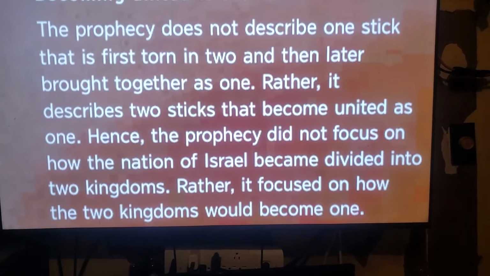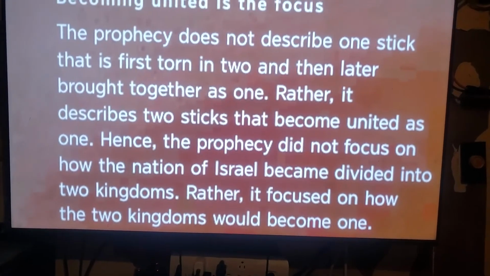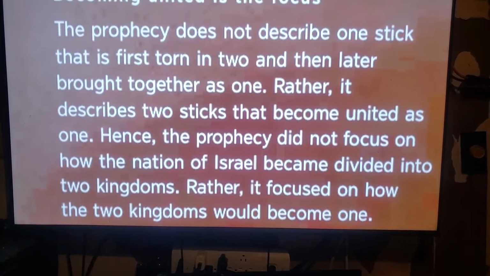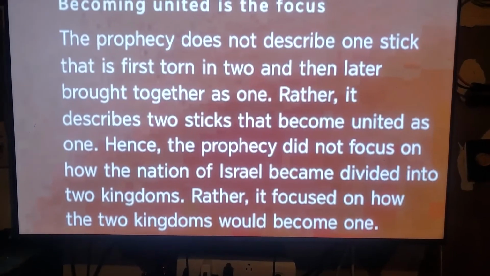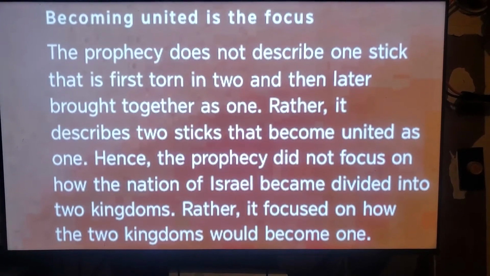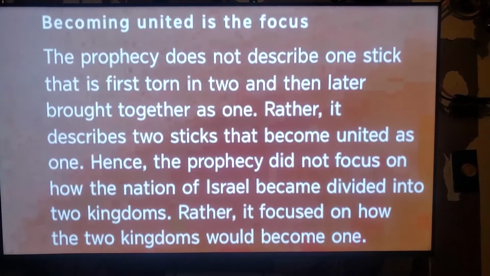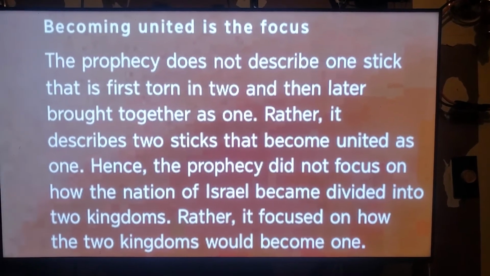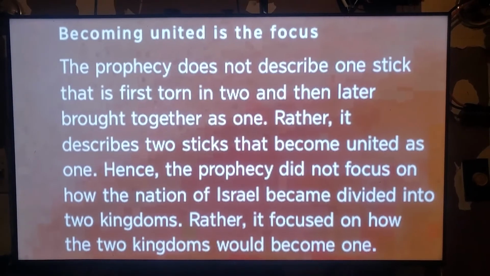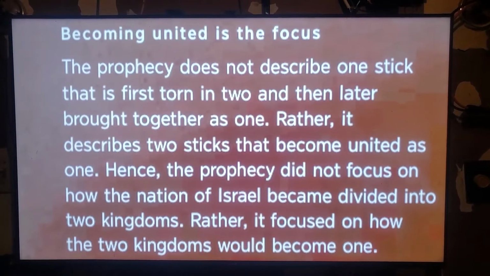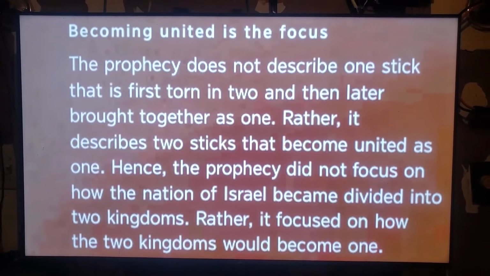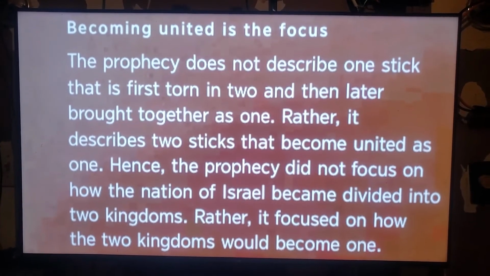Now, I showed y'all the chart of Judah on one side, Israel on one side, because Rehoboam was an evil king, and the 10 tribes did not want to have no part of him. And that's when they picked a king. So they had their kings, just like Judah had their kings.